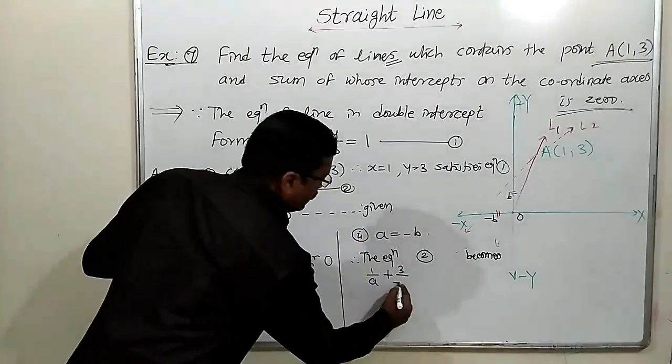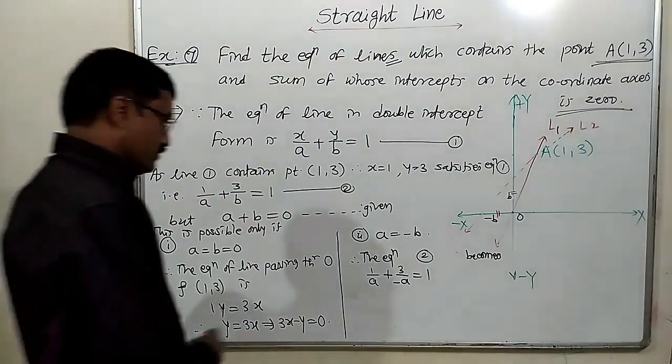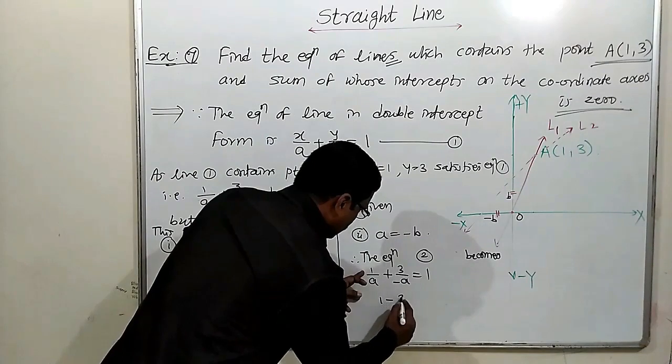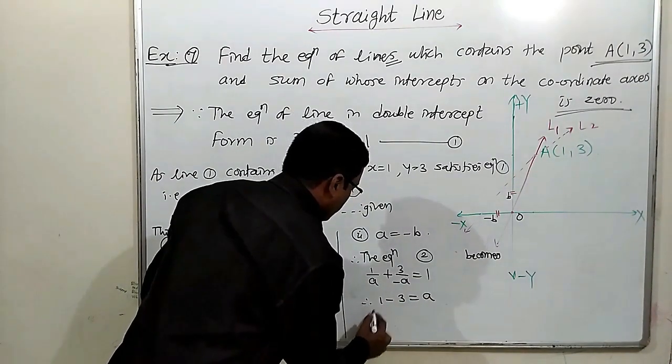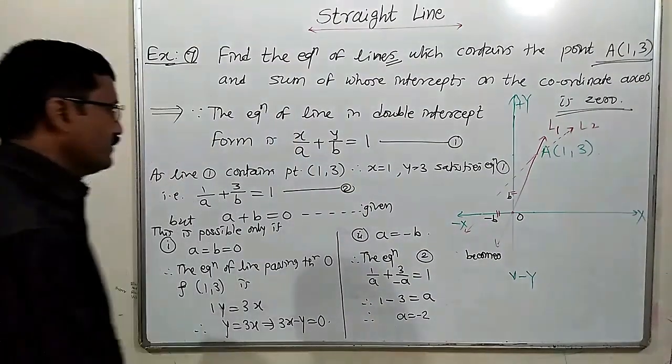B is equal to minus a, that is equal to 1. So from this we get 1 minus 3 is equal to a. Therefore, a is equal to minus 2.